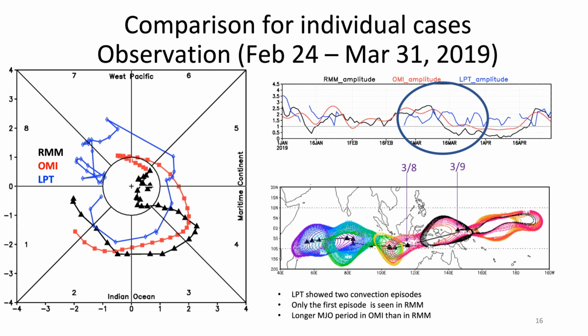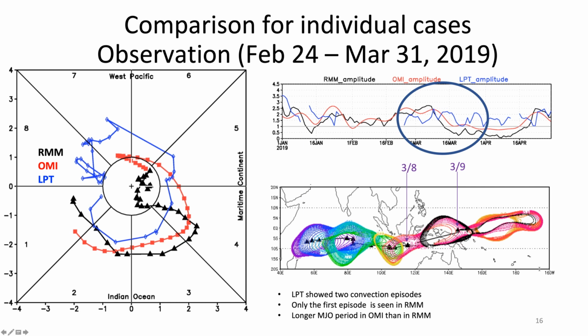And we see the OMI is relatively weaker, with a stronger signal during the second half, something like October 14 and after, but still weaker than the RMM. And for LPT, which is a local signal, we only see the strong signal at the beginning of the RMM development, that is October 5th to 8th or so.